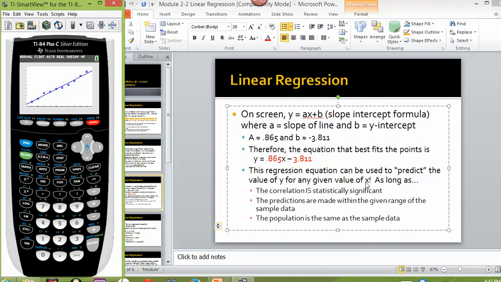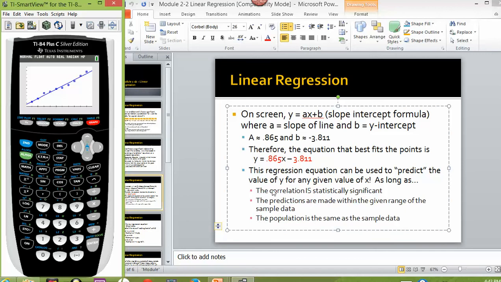Again, it's just an estimate, but it is our equation of best fit. What our calculator is doing is taking all these distances from these points to the line, and calculating a line that has the least amount of distance total from all the points. And that gives you an appreciation for this very expensive calculator that we use.